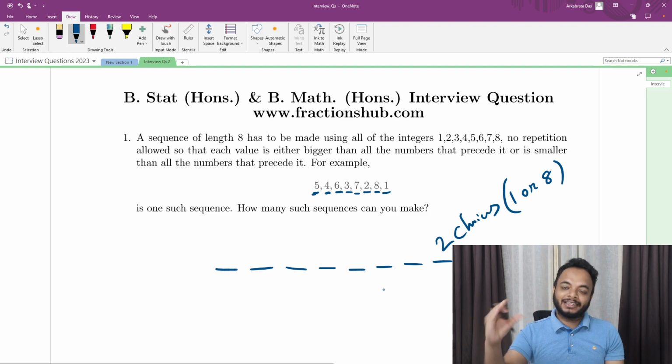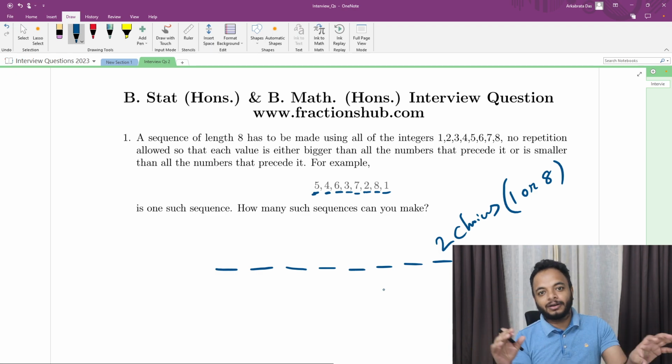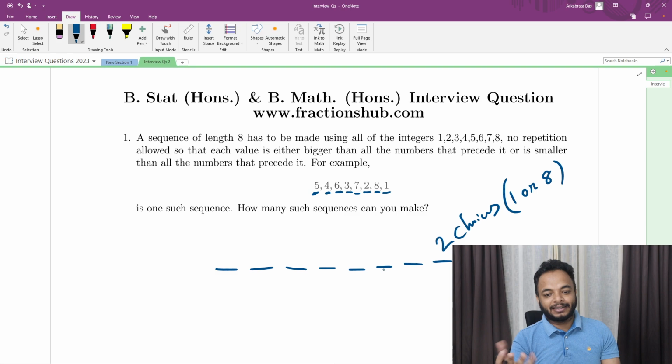So again the same condition, that number should be greater than all the numbers before it or less than all the numbers before it. So, having deleted whoever sits, 1 or 8, out of the rest of the integers, whoever is the max and min, those two only can sit at the 7th place.